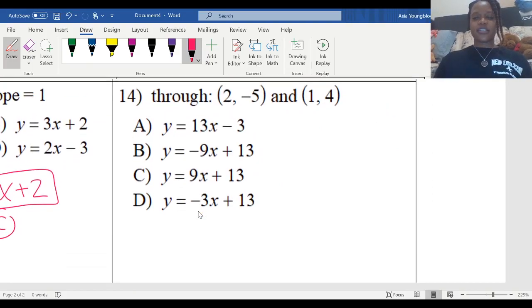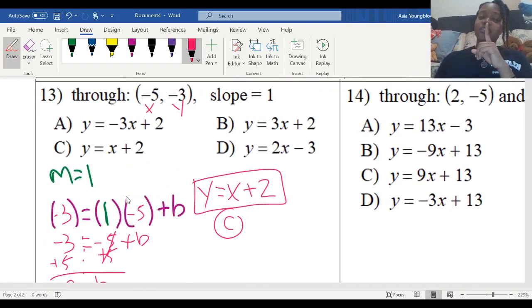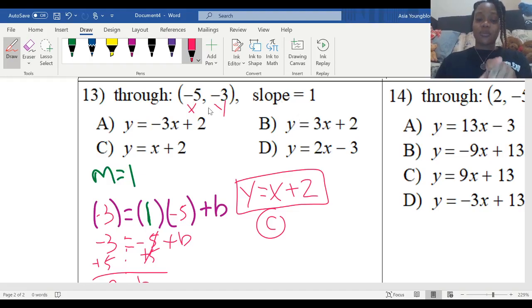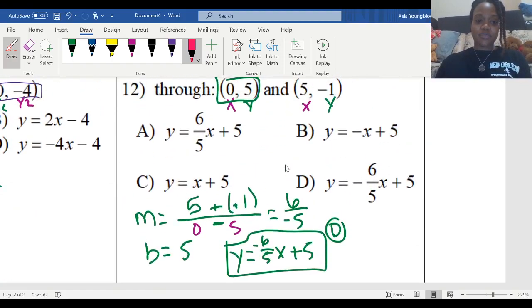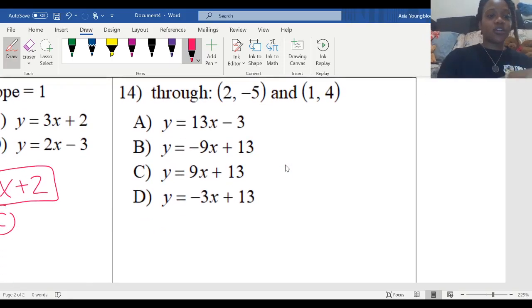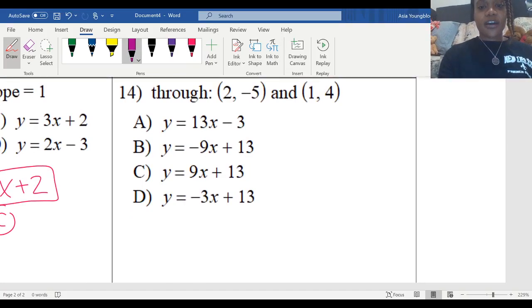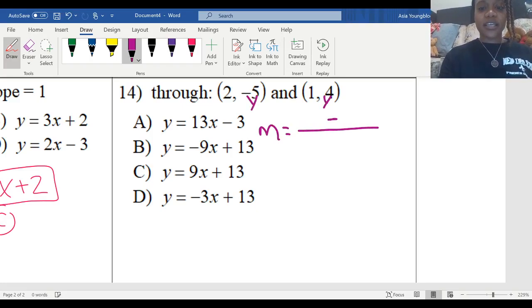14 is similar, but just involves one extra step. In 13, we were given the slope, and we used a point to find the y-intercept. In 14, we have to find the slope, and then use that slope to find the y-intercept. So we're going to find the slope the exact same way we found it in problems 11 and 12 with the slope formula. So we have m, our slope, is going to be the difference in our y values, negative 5 minus 4, over the difference in our x values, 2 minus 1.